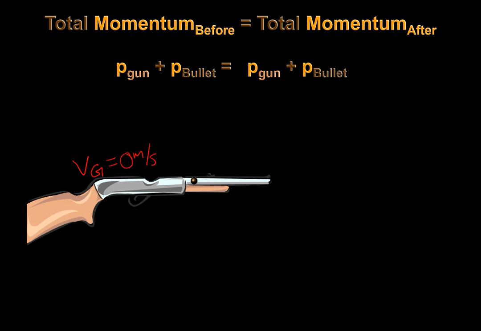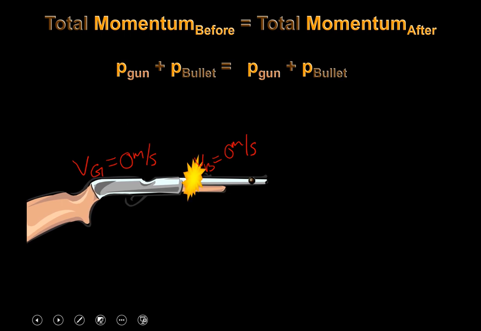How much is the bullet moving right now? Hopefully you see that the velocity of the bullet is 0. So before the collision, and the collision is you firing the gun, nothing's moving. Your velocity is 0.